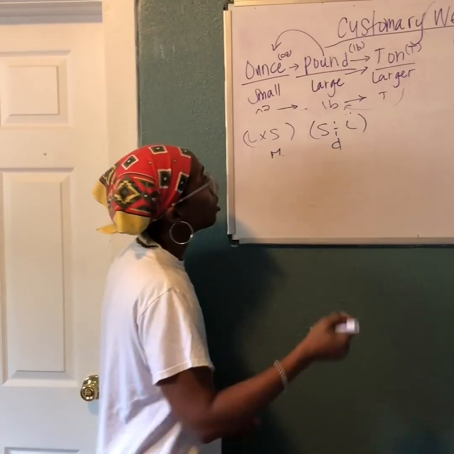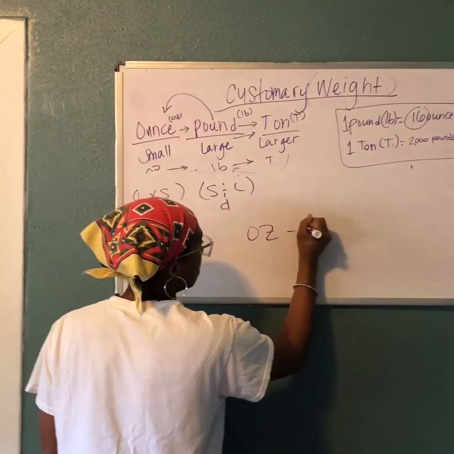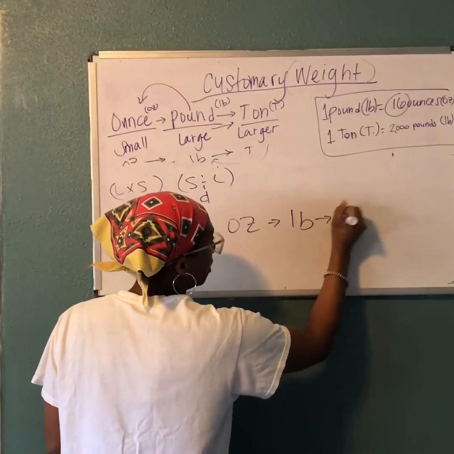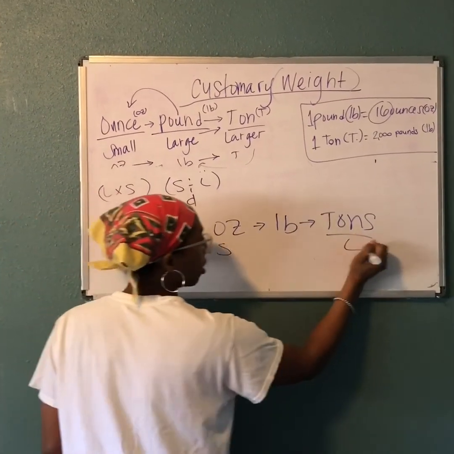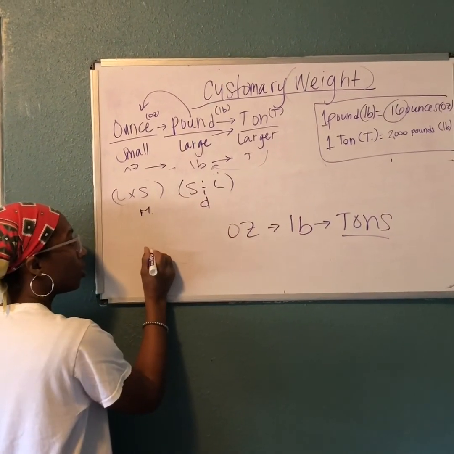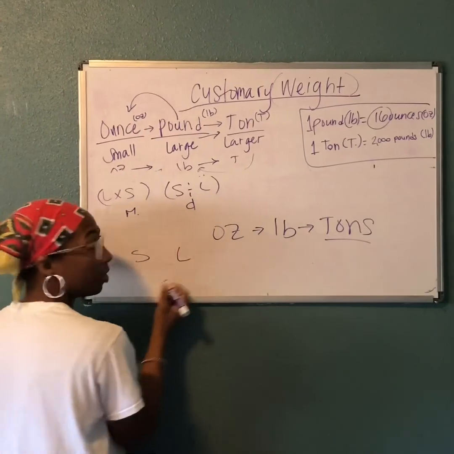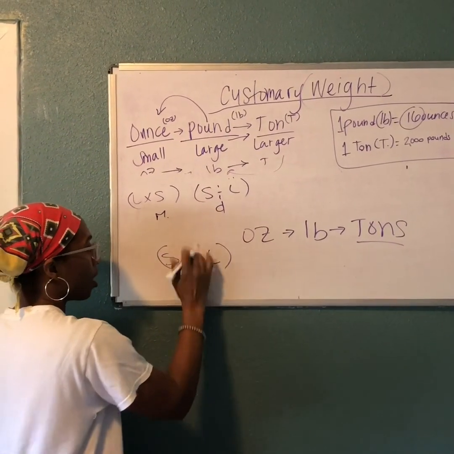So again, converting customary weight, you start off with the ounces, you go to pounds, and you go to tons. From the smallest to the largest, okay? When you're converting smaller units to larger units, you divide.